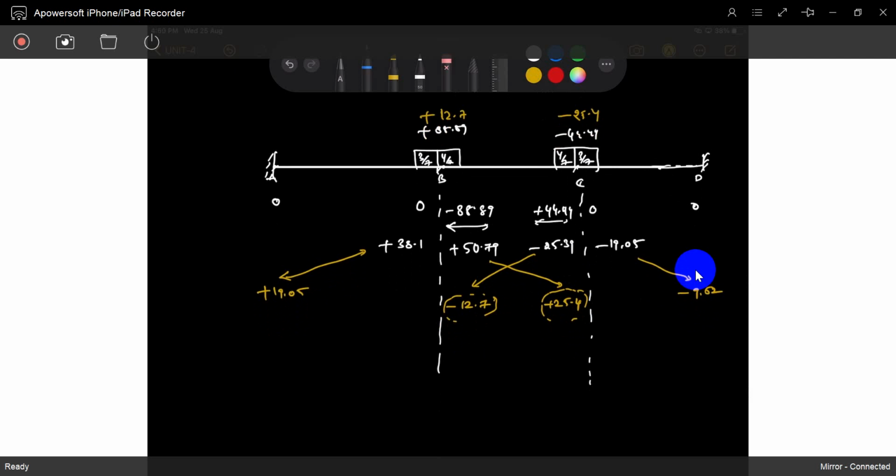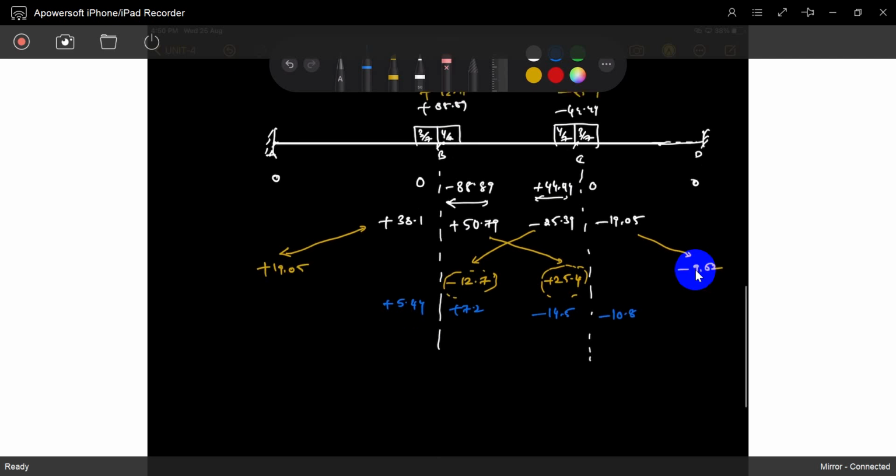It's a 12.7, apply the distribution factor: plus 5.44, it will come plus 7.2, here the same thing, minus 14.5, here comes minus 10.8. Okay, that is settled, but again carryover moments.